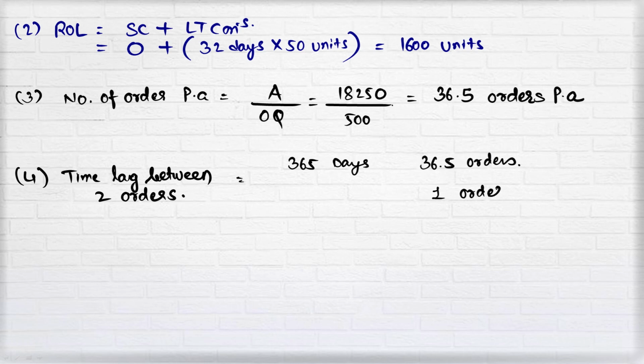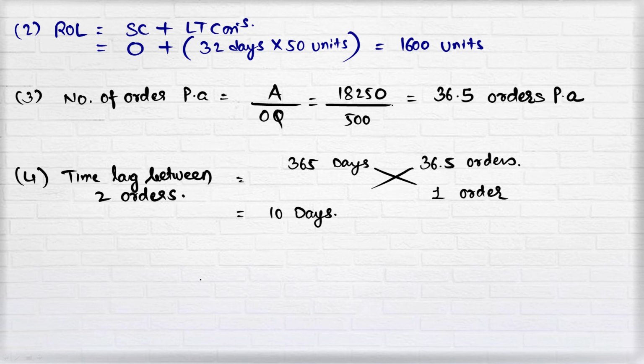One order will be having this. It is 365 divided by 36.5. It is 10 days. Don't just find out the answer or mug up the formula. Tell me what is 10 days. Every 10 days you will be ordering. Is it alright?